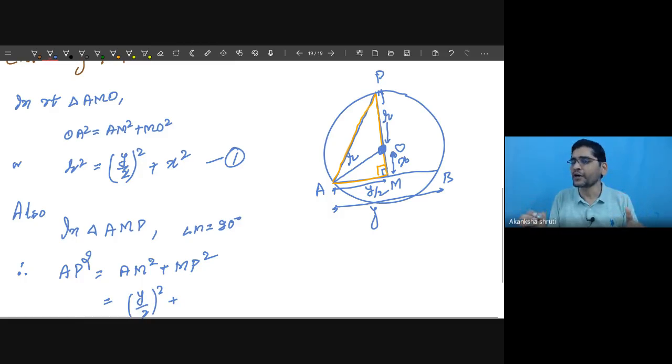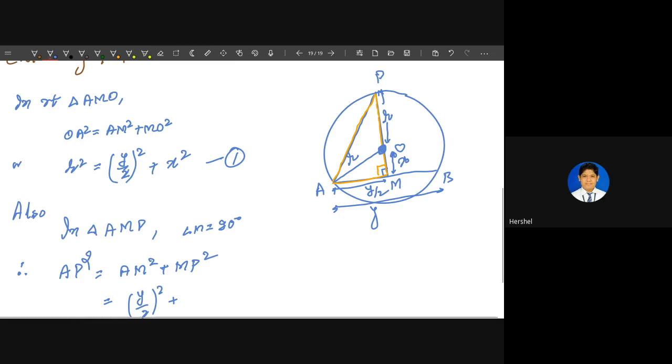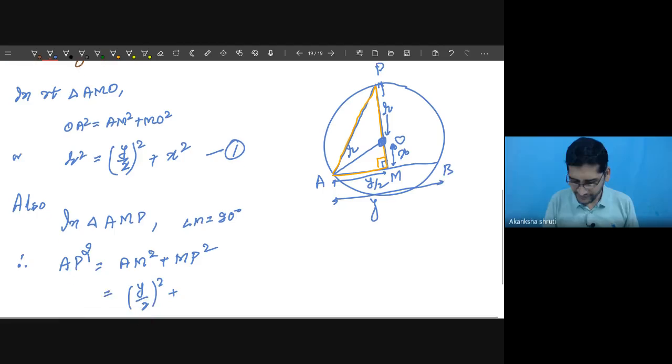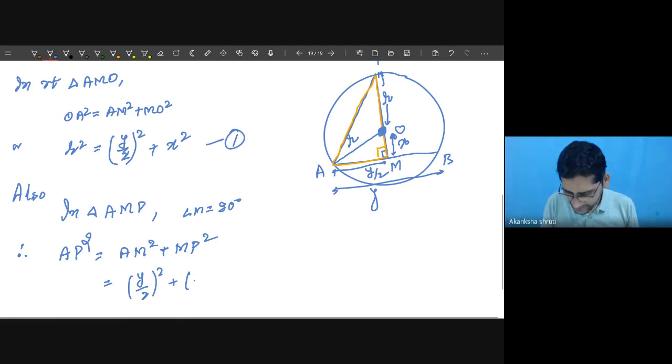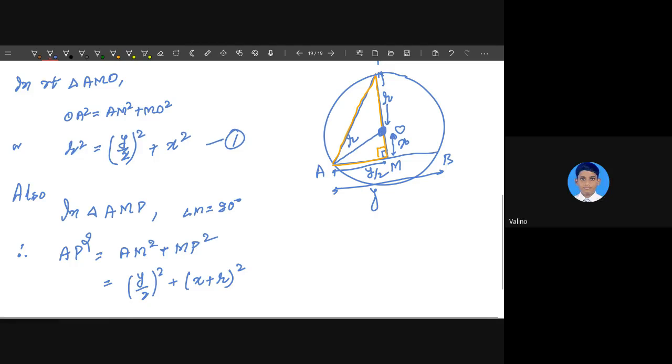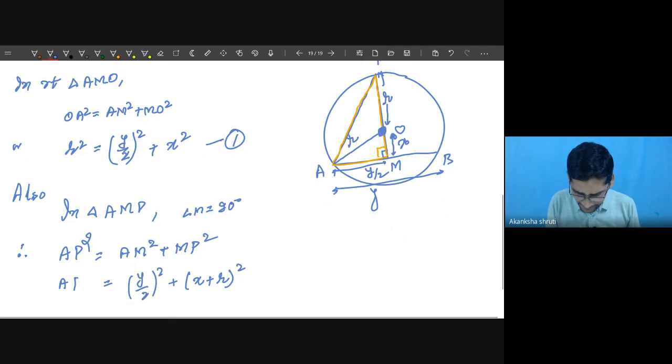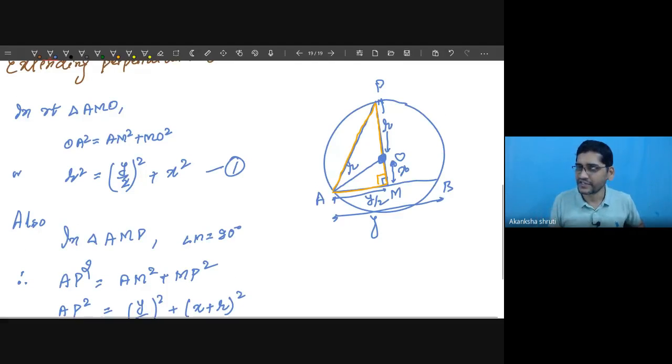This is another important point that you will come across while solving the question. OM plus OP, good. X plus R, their square. So this way the AP square can be calculated by knowing the length of one of the chords and their perpendicular length. So if it is going to intersect at the other, we can determine what it will be.